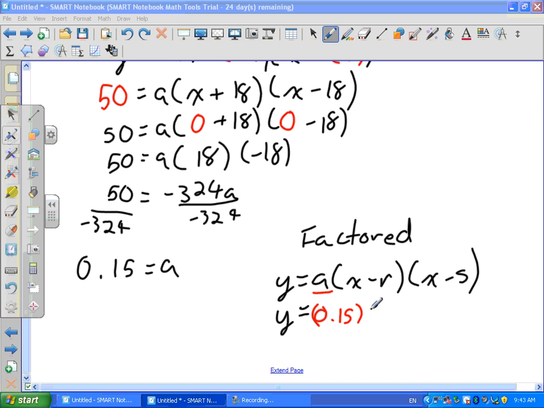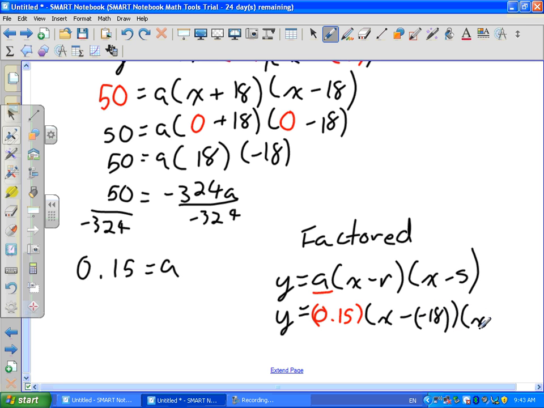Now I'm going to plug in my zeros, my X intercepts. So we had negative 18 from before, and we have positive 18.